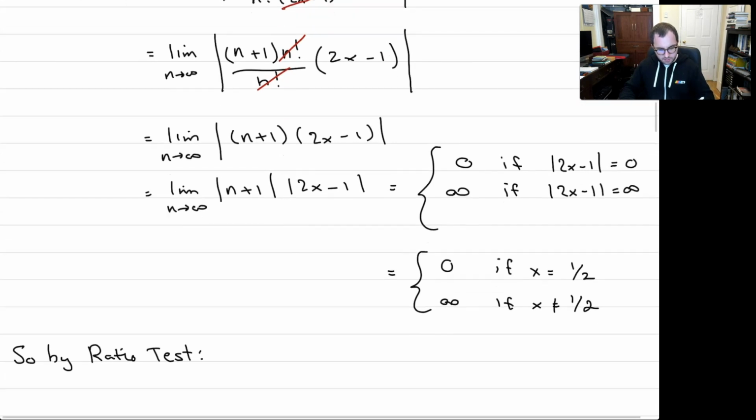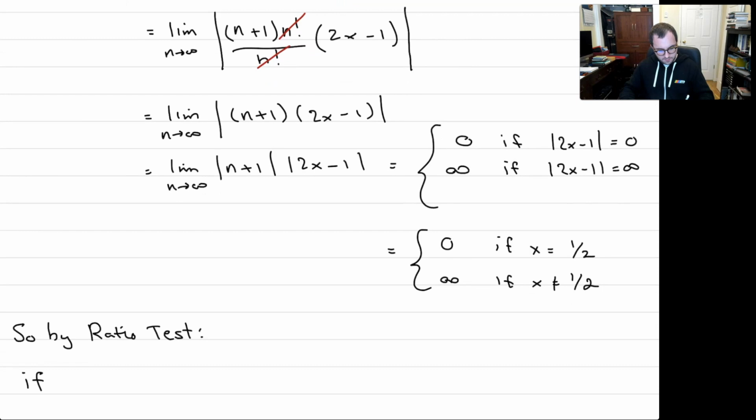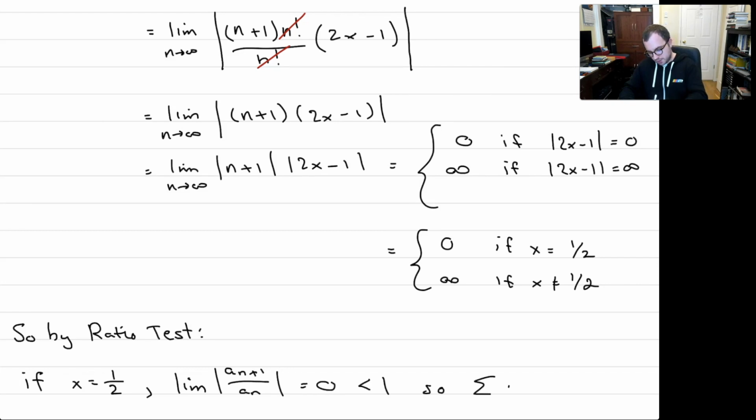we have two situations. First, if x is equal to 1/2, then the limit of absolute ratios is 0, which is less than 1, so the series converges. The ratio test says that means the series is convergent.